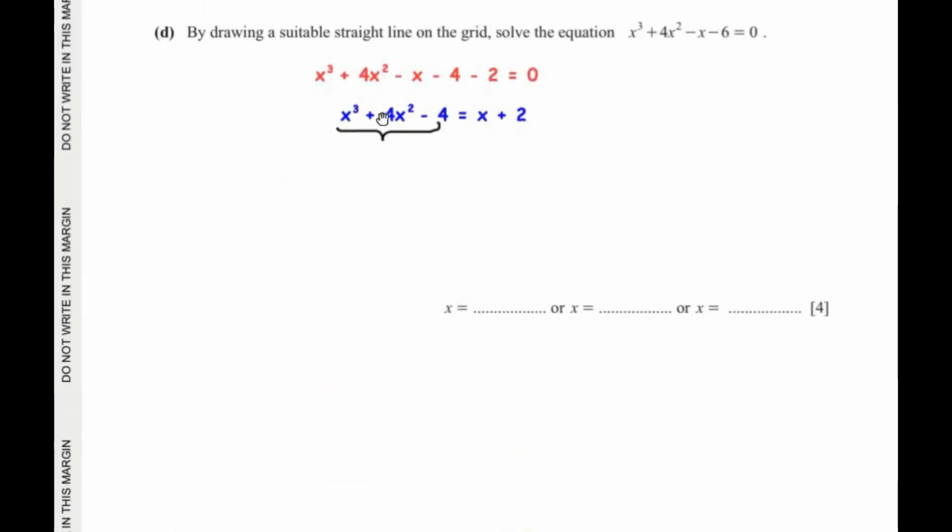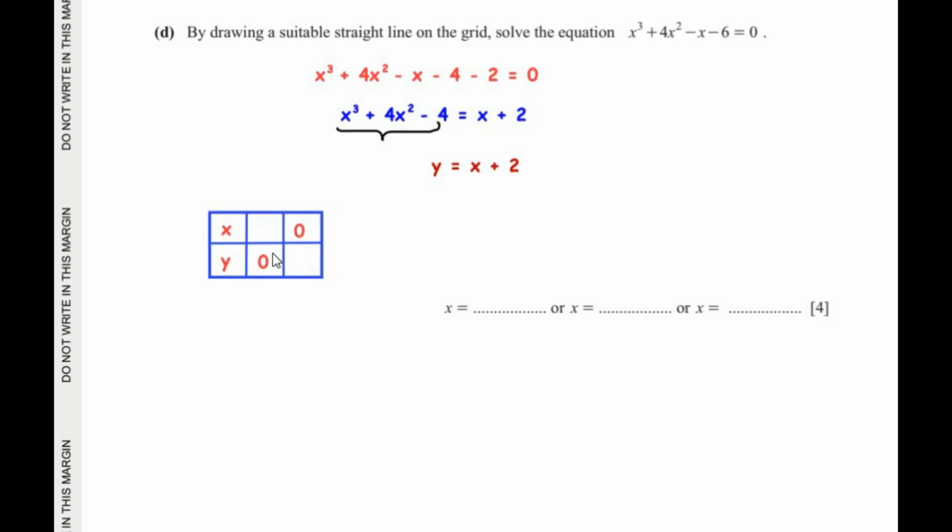Now once we have done this, we are going to replace this left hand side by y so that we get the equation of the straight line. So the equation of the straight line that we need to draw on the grid is y is equal to x plus 2. Now to draw the straight line we need just 2 points. So for that I am going to use a small table to get the coordinates. So this is the table, these are the x coordinates and these are the y coordinates.